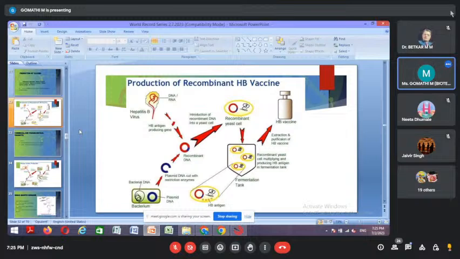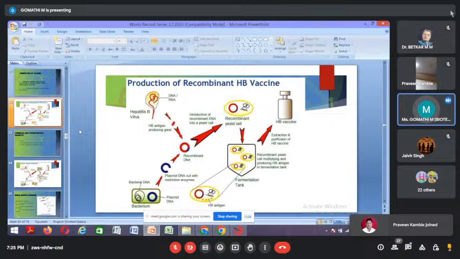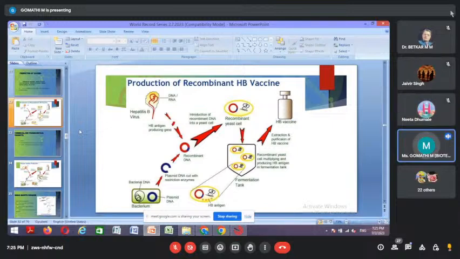Here, for the recombinant hepatitis B vaccine, the DNA from the hepatitis B virus is isolated, specifically the DNA responsible for producing the antigenic effect, and that DNA is joined with a plasmid taken from a bacterium.